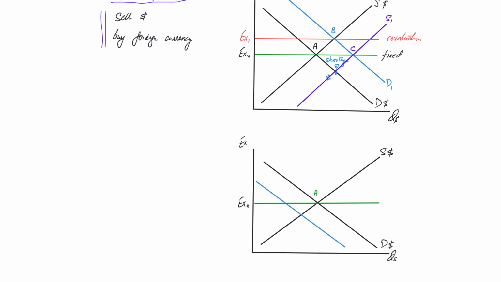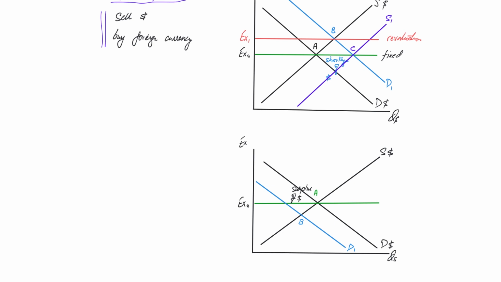Okay, you're exporting less. So obviously what's happening is that at the original point the demand is less now and the supply is greater for the currency, leading to a surplus of the currency. Okay, there is a surplus of dollars right here in the market.